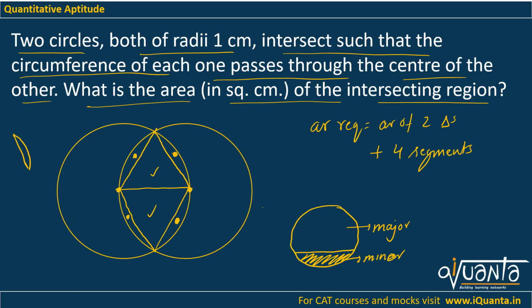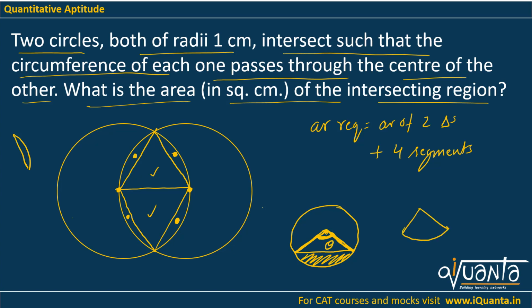Now if I want to find the area of a segment, how will I find it? I will have to draw the sector of a circle. Now what is a sector? If I take the center of a circle and join the two ends of the chord with the center by radii, I can see that I have these two radii over here and an included angle in between, which is called theta.